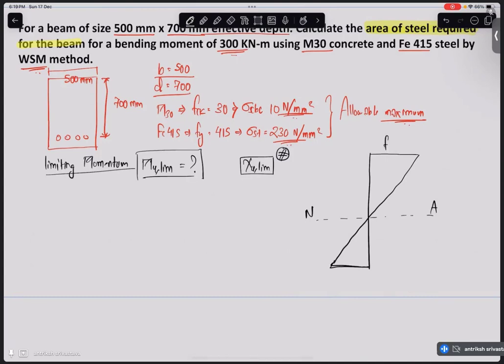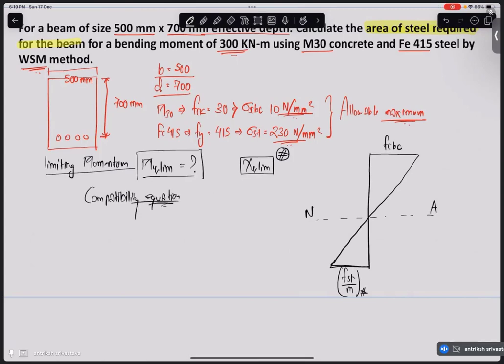So if this is FCBC, this is going to be FST divided by M. This is the stress in concrete. How do we get this? We get this from the compatibility equation.